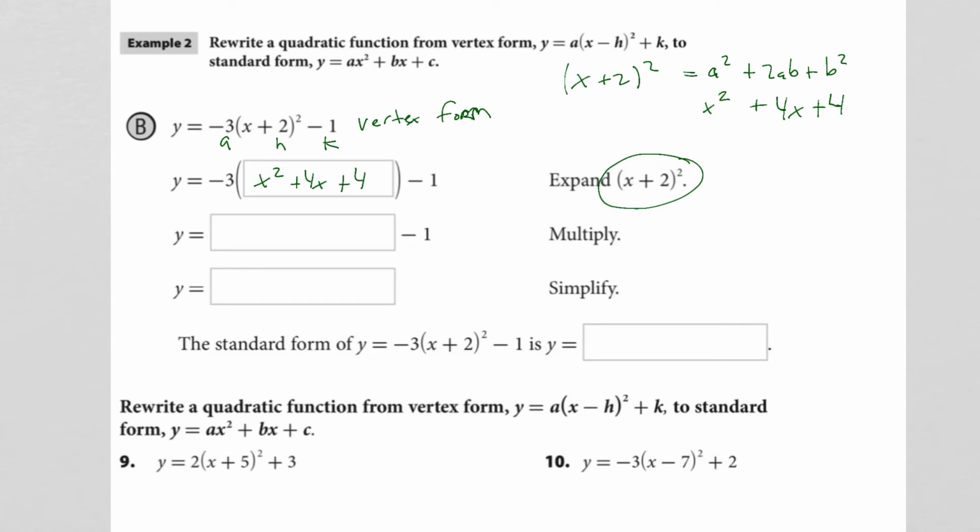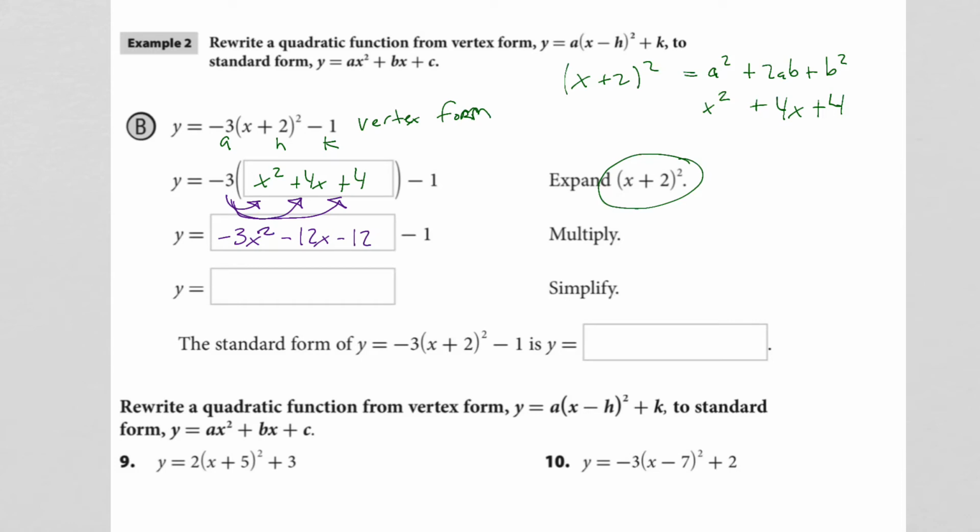Now you have to multiply everything by a negative 3. So negative 3 times x squared is negative 3x squared, negative 3 times 4x is negative 12x, negative 3 times positive 4 is negative 12. And all that is minus 1.